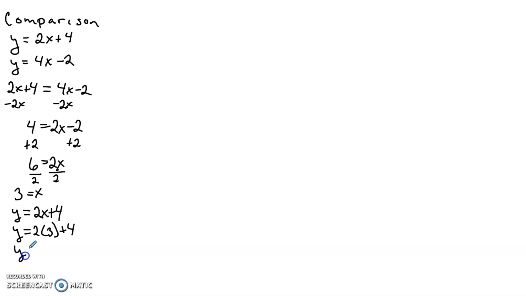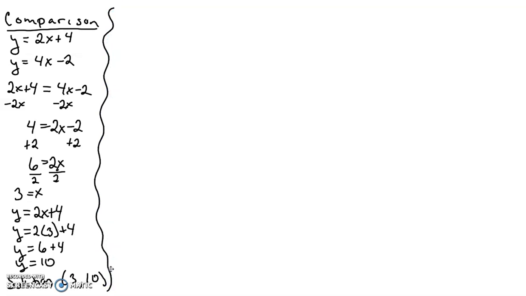And if we solve this, we get y equals 2 times 3 is 6, plus 4, or y equals 10. Therefore, our solution is the point 3, because x equals 3, comma 10, because y equals 10. So that's the first method of solving linear systems, comparison.